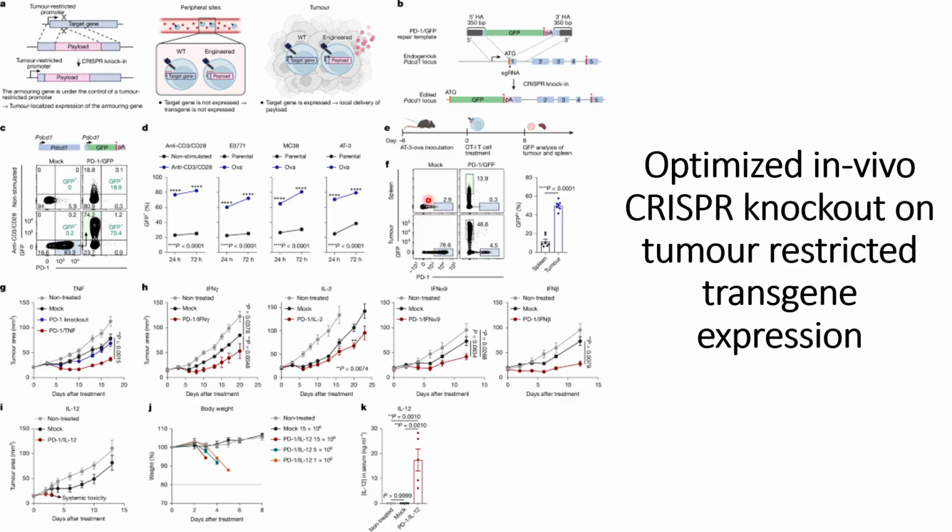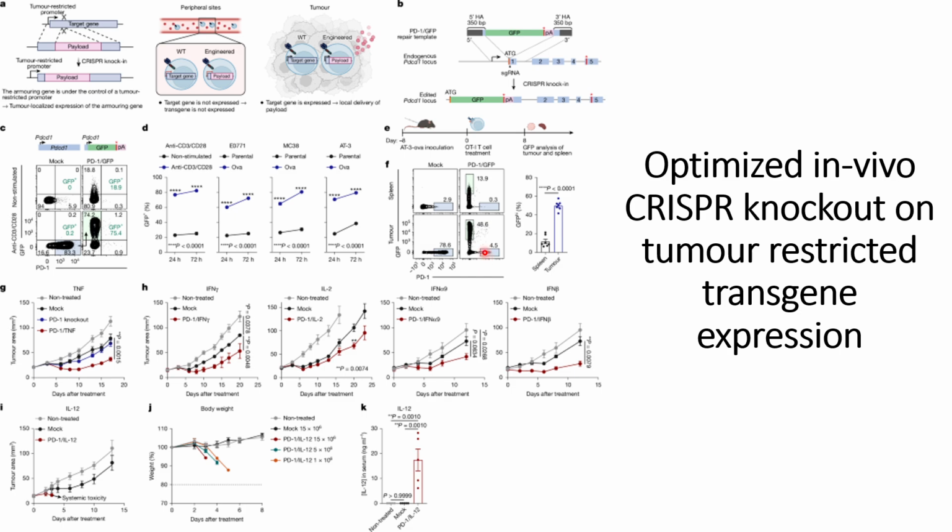In the spleen, where they do not expect any tumors, the GFP signals are low, and the PD1 signals are also low because tumors are not there. But where tumors are present, they see high PD1 expression, indicating that more activated T cells are there, and high GFP expression as well.